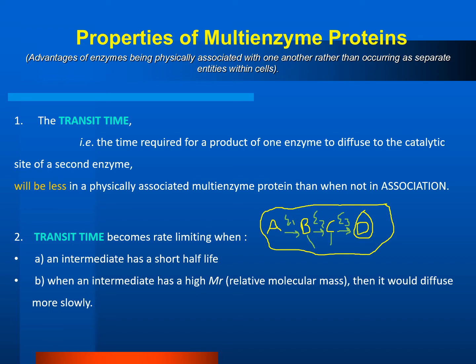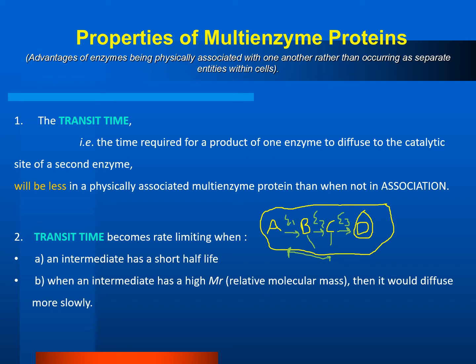Now suppose your B is lying here in one corner of the cell where E1 was, and your E2 is lying here, and now your B has to travel from this point to this point. And also the half-life of B is very short.